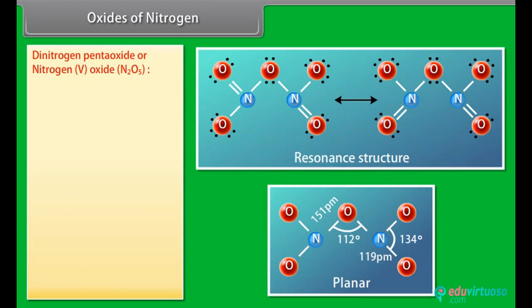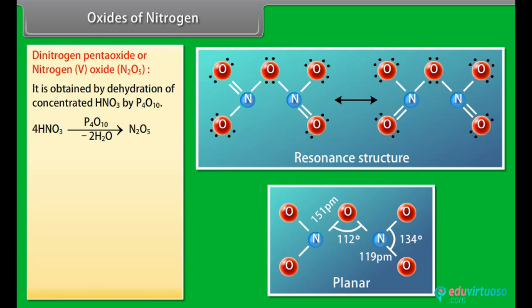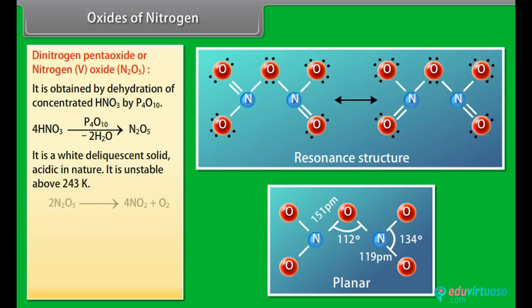Dinitrogen pentoxide, or nitrogen(V) oxide. It is obtained by dehydration of concentrated HNO3 by P4O10. It is a white, deliquescent solid, acidic in nature. It is unstable above 243 Kelvin.